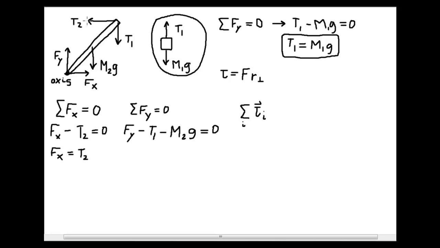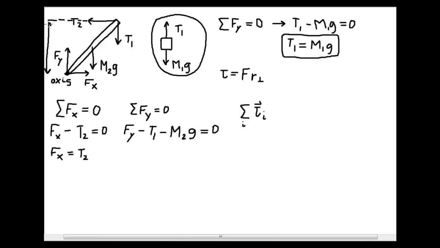So let's look, for example, at T2. I'm going to draw in a dotted line along the direction of that force. And then I'll realize that the perpendicular distance between the line of T2 and the rotation axis is this distance right here. My sketch is going to get a little busy, but I have to indicate what that is.